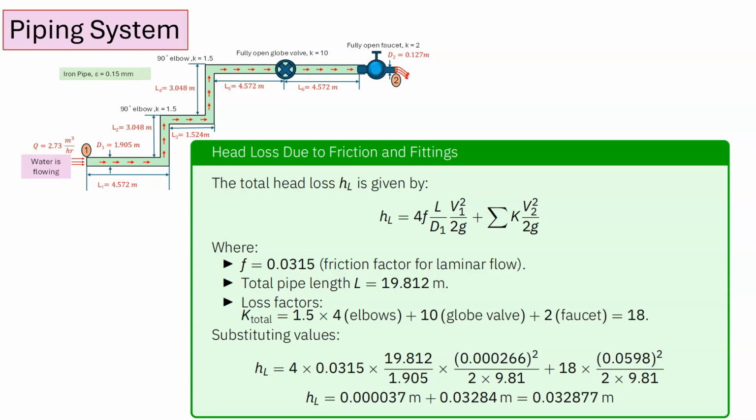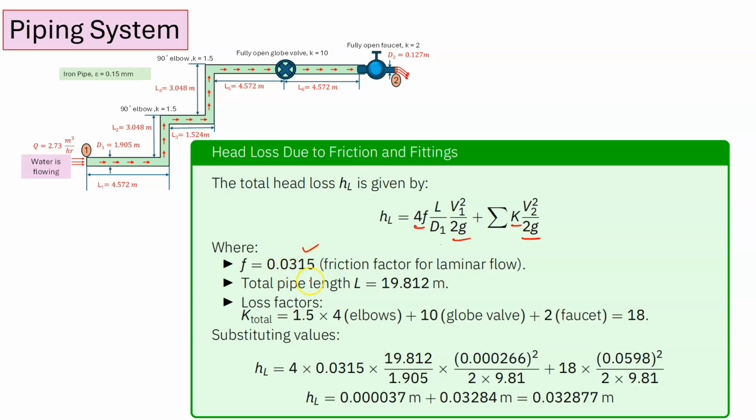After getting the length, we can easily calculate the head loss. So the total head loss HL can be given by 4F L by D1 times V1 square by 2G, plus the summation of all K V2 square by 2G. So here F is actually 0.0315.